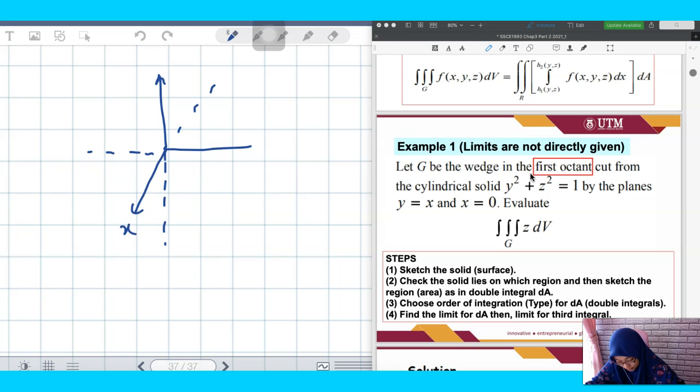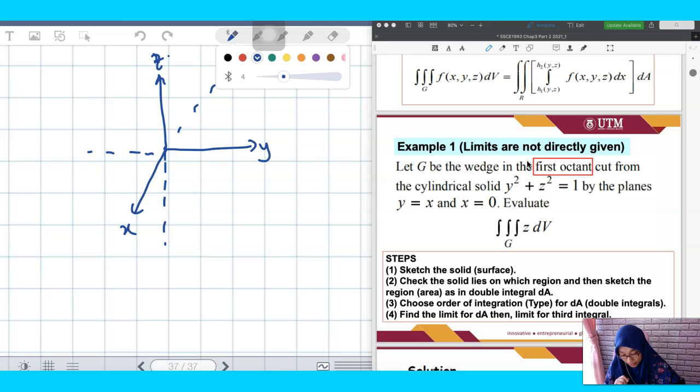So this is x positive, this is y positive, and this is z positive. If they state that there is a first octant, it means your sketch, your solid, your graph should be lying on the x positive, y positive, and z positive.